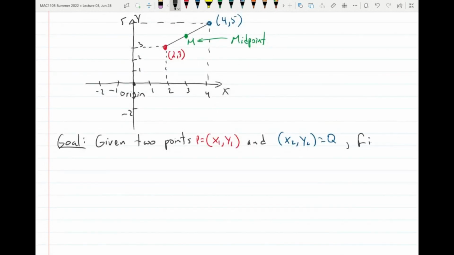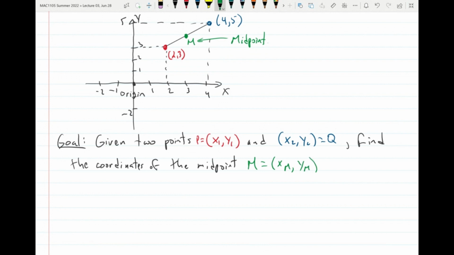So find the coordinates of the midpoint. Let's call it M, with coordinates xm, ym, just M for midpoint. We want to know what these are.